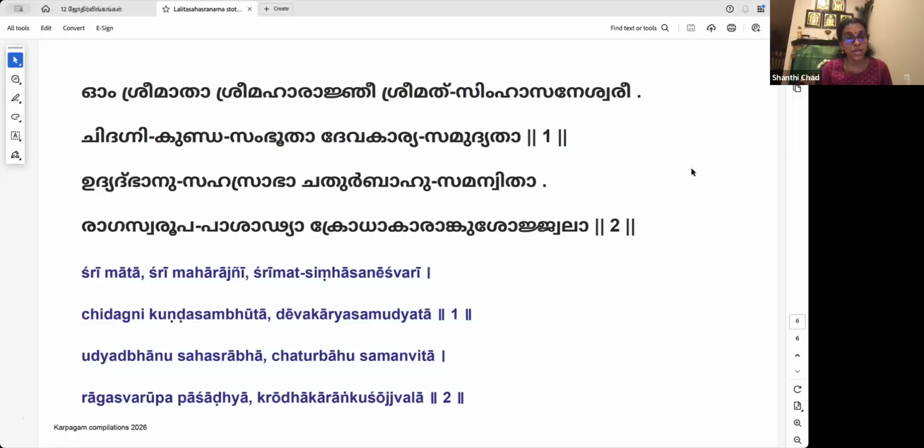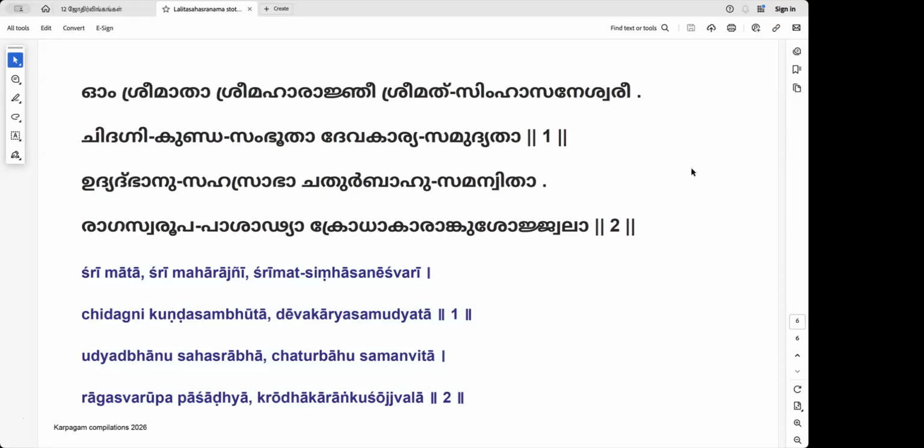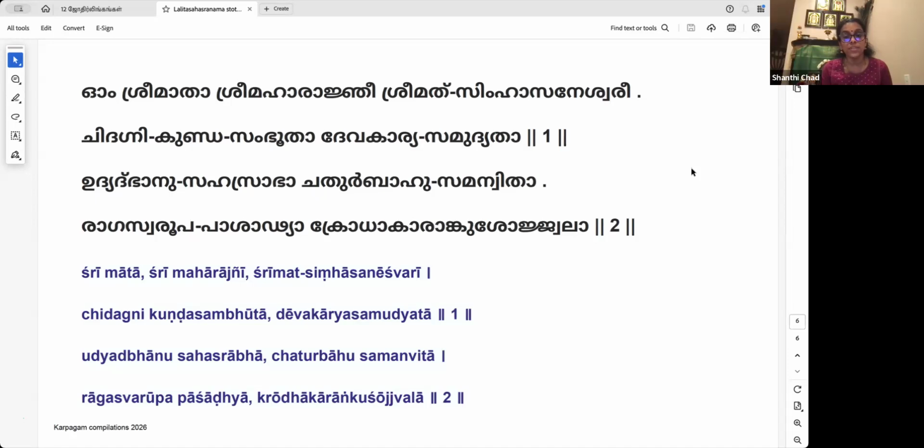Udyadbhanu Sahasrabha, Udyadbhanu Sahasrabha Chaturbahu Samanvita.